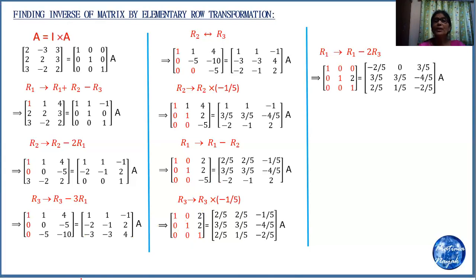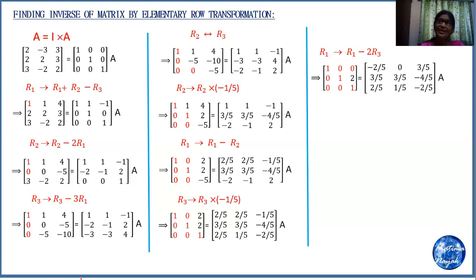Result will be 1, and that 2 is converted to 0. And when we are talking about R1, the R1 of the identity matrix will be changed according to this operation. That means I'll multiply 2 with R3 and subtract. Here in the identity matrix you are getting so many fractions, so you should be very careful to find the answers.